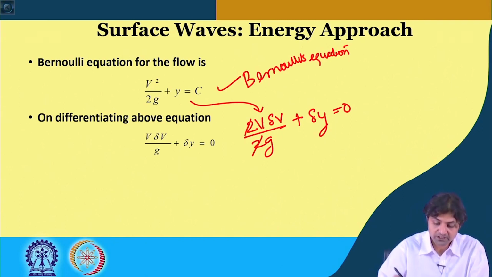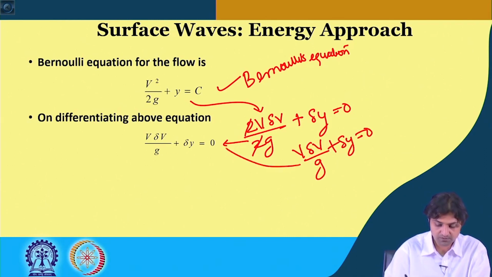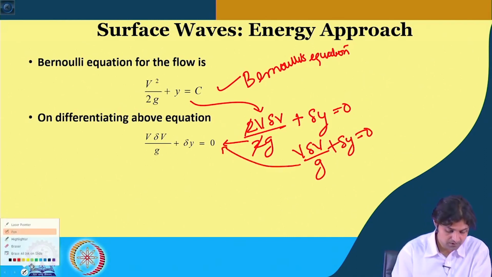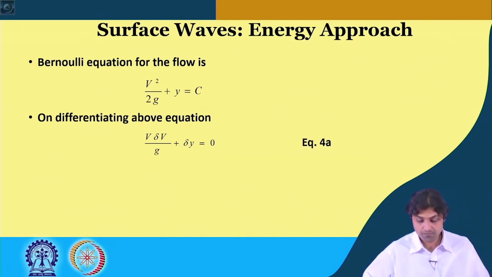So, 2 and 2 get cancelled. So, we get this equation V delta V by g plus delta y is equal to 0, same as this one here. All right, and we call this one equation 4a.